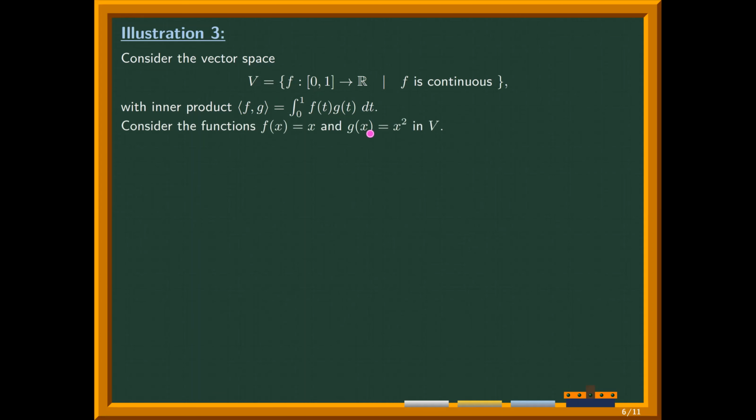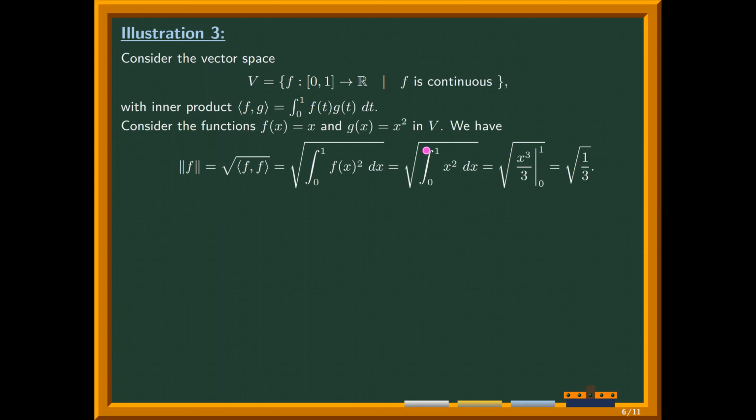So in V, let's take the functions f of x equals x and g of x equals x squared. We can compute the length of f. Again, the length is relative to the definition of the inner product. So the length of f is the square root of the inner product of f with itself. The inner product of f with itself is the integral from 0 to 1 of f of x times f of x dx.